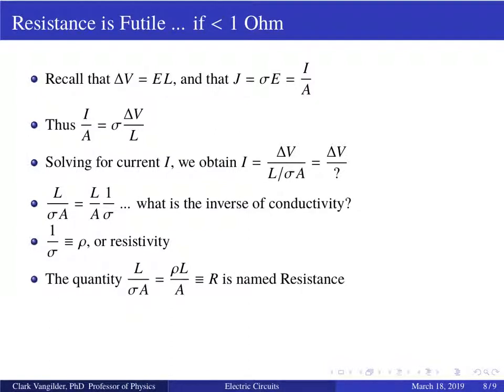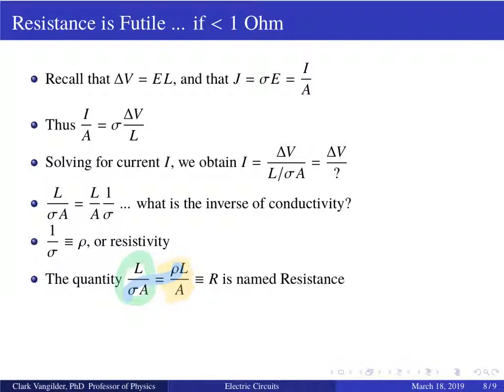So now this thing becomes that thing just by moving conductivity to the numerator, which turns it into resistivity. So now I have a length per unit area.